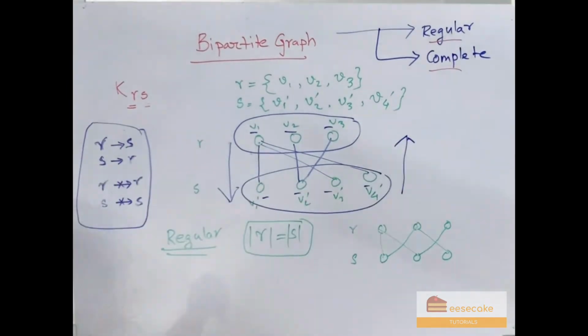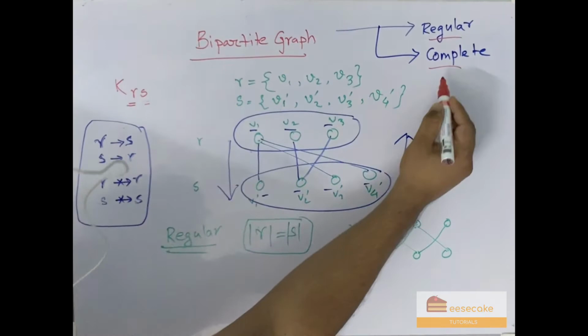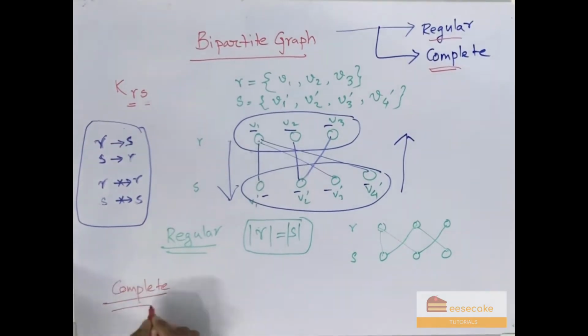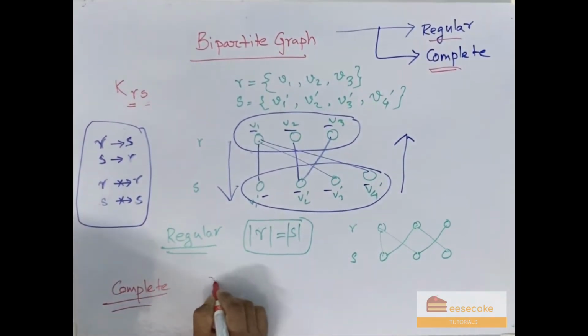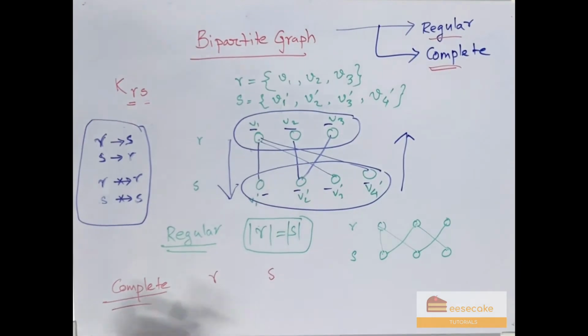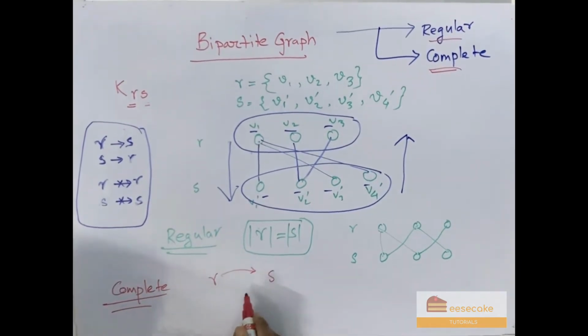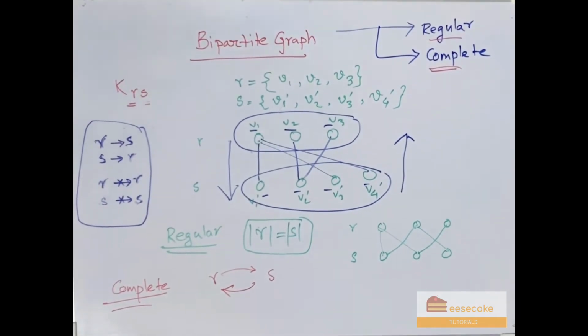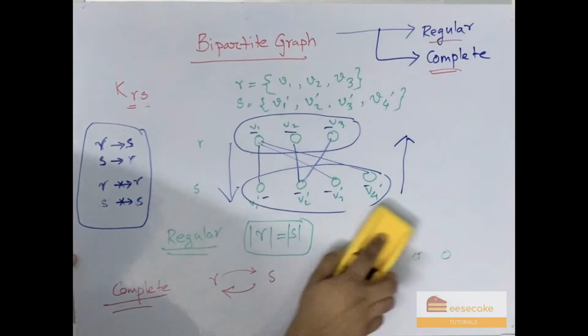Now from here we will come to the complete bipartite graph. So we understood the regular bipartite graph, we will now understand the complete bipartite graph. What is a complete bipartite graph? It says there are two sets, R and S, and there will be all possible edges from R to S and all possible edges from S to R. I will show you with an example.